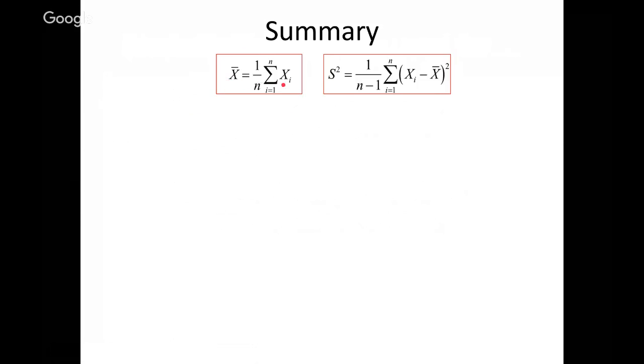Same here. This is a random variable equation because we're using uppercase. We're expressing the variance as a random variable indicated by the uppercase, and the same for the sample random variables as well as the sample means.